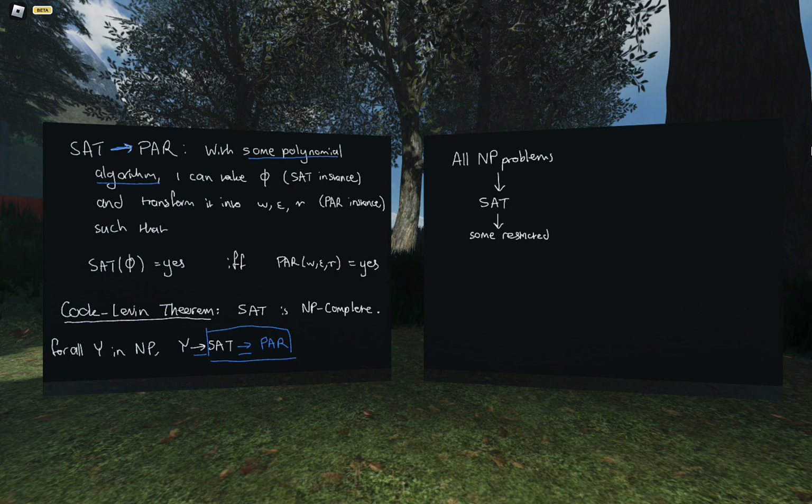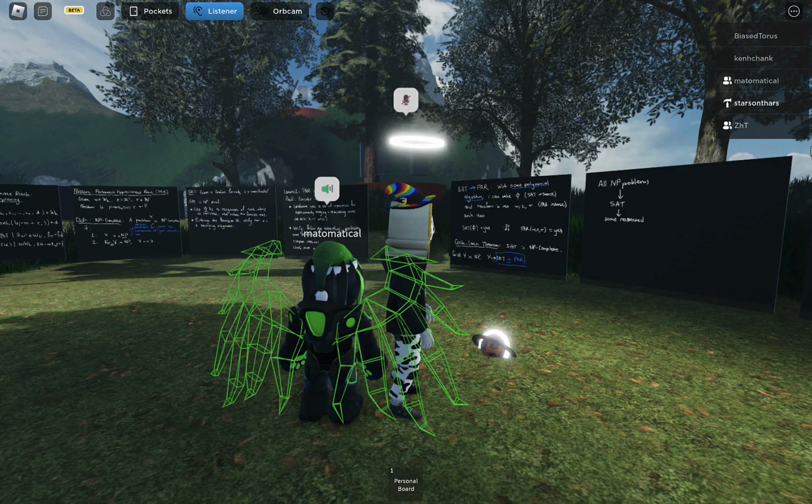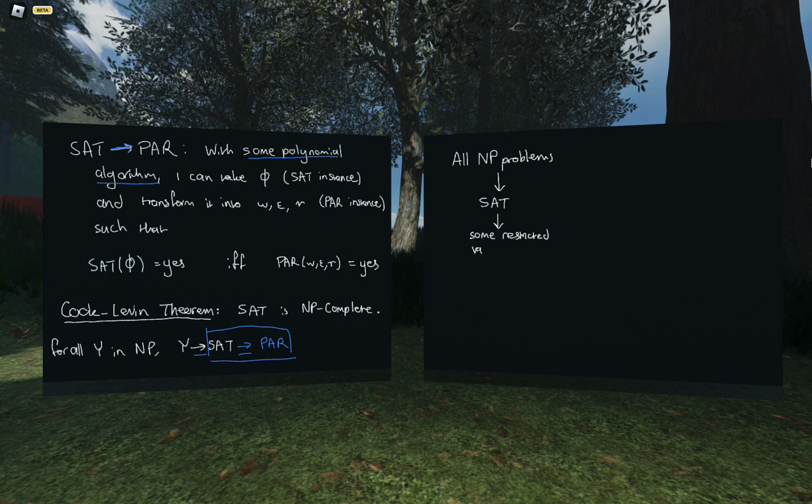And there are only a certain number of variables that you can have per disjunction, and various restrictions that I'm going to go over in a moment. It remains NP complete. So you can take an arbitrary formula and find an equivalent formula that has these restrictions. Some restricted variant of SAT.